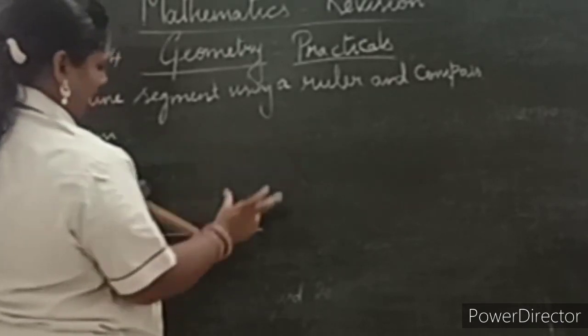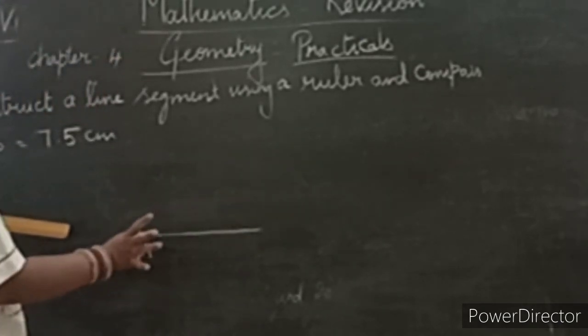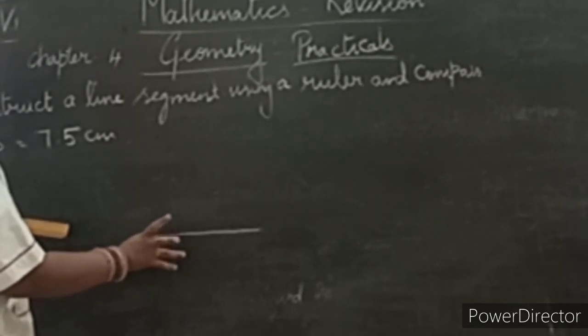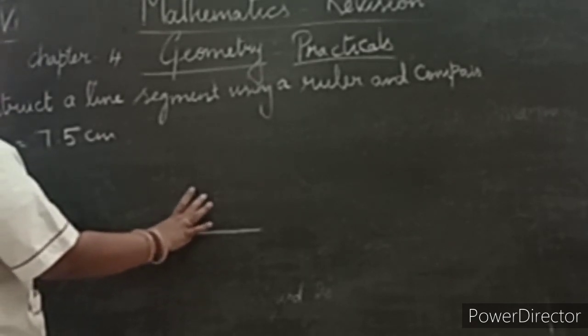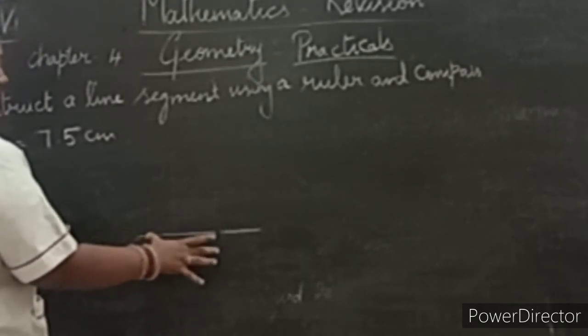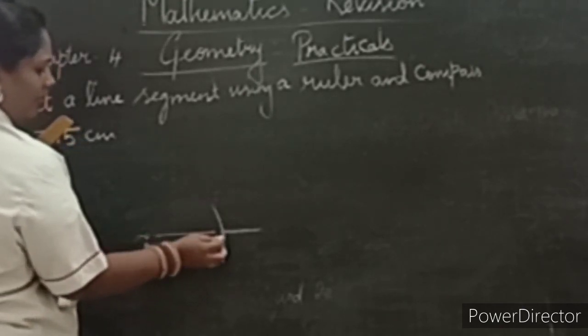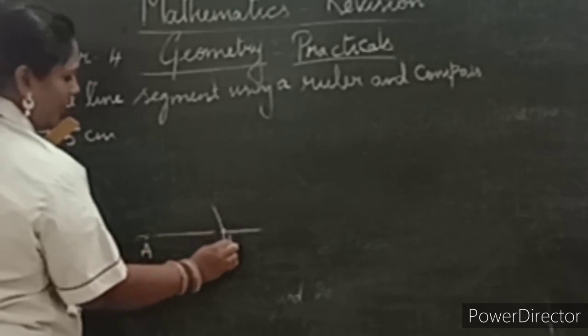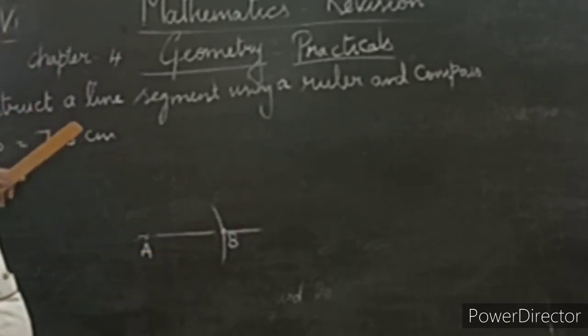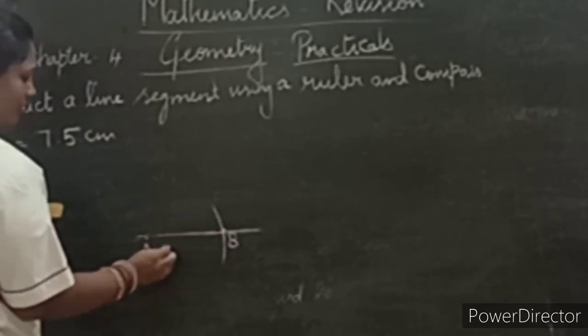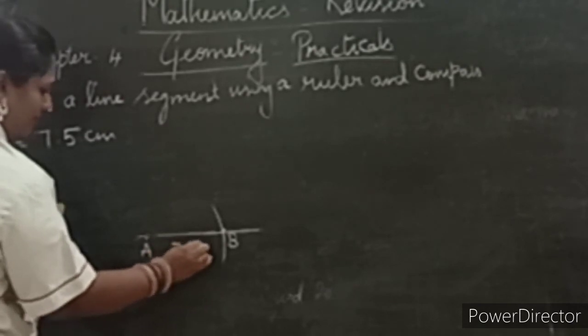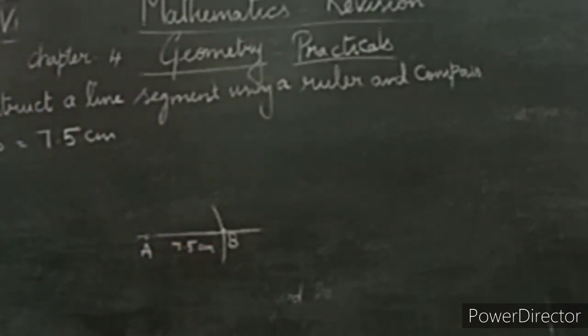I have to keep the compass point here on A and draw an arc. It will be cutting like this, no? The point where it cuts is called D. What is the length of this? It is 7.5 centimeters.